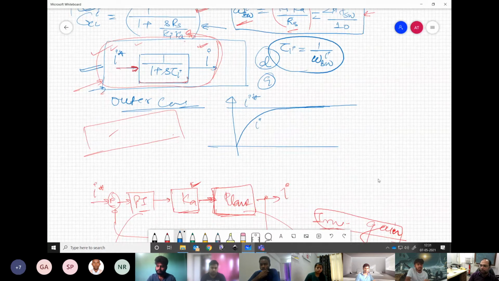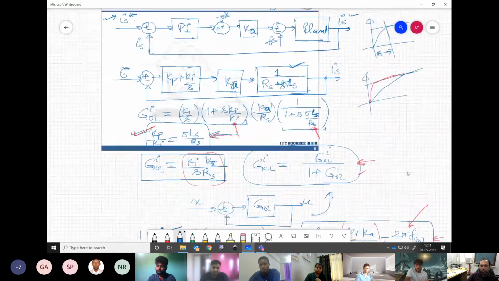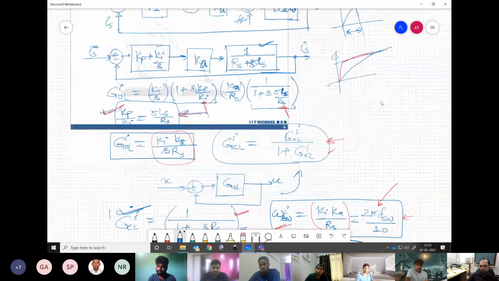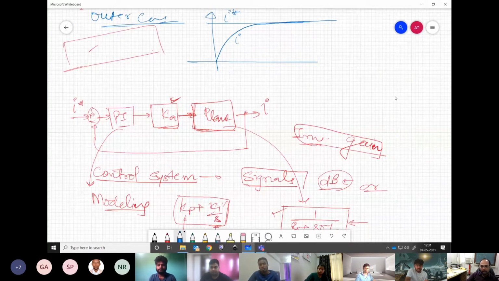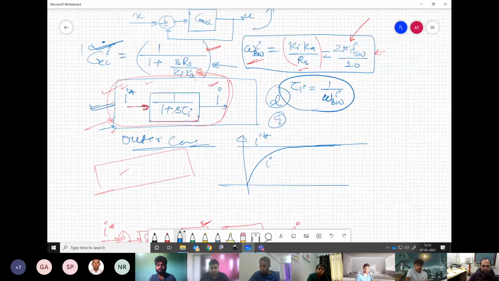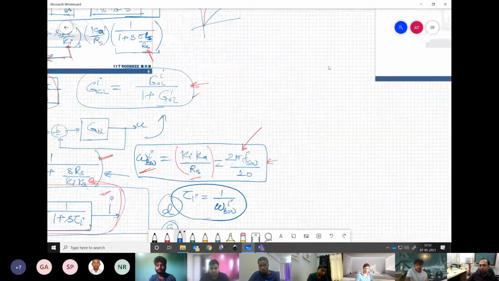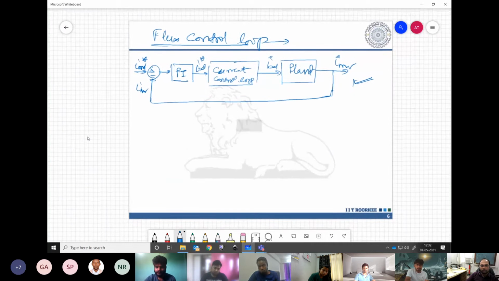We have to understand how we can modify our design to incorporate that as well. Fine. Good. So now we have understood that our current loop control is designed like this, and then ultimately it is represented like this block. So then we can go ahead with our flux controller design or flux loop control design.